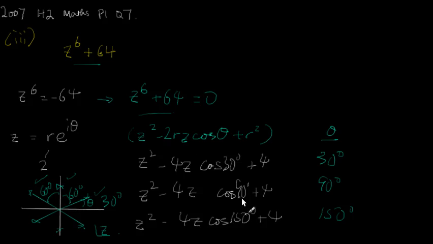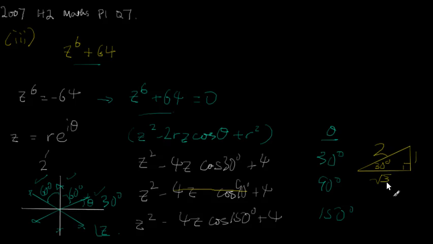Now cosine 90 is 0. Cosine 30, let's see what's cosine 30 degrees. If you remember special angles, when this is 30 degrees for a right angled triangle, and if this side is 2, then this side is 1, and this side is root 3.